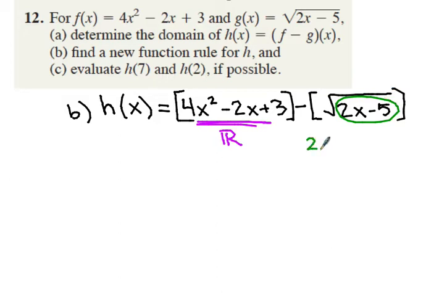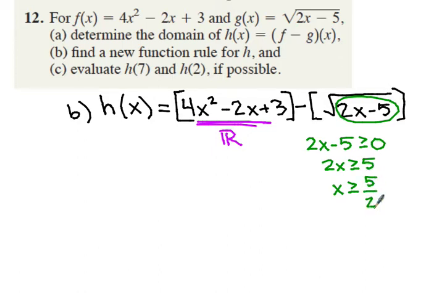So to find the domain of this function, we can take what's underneath and set it greater than or equal to 0 so that it's a non-negative number. We'll add 5 to both sides. We'll divide by 2. So we'll see that our domain is all x's that are greater than or equal to 5 halves.